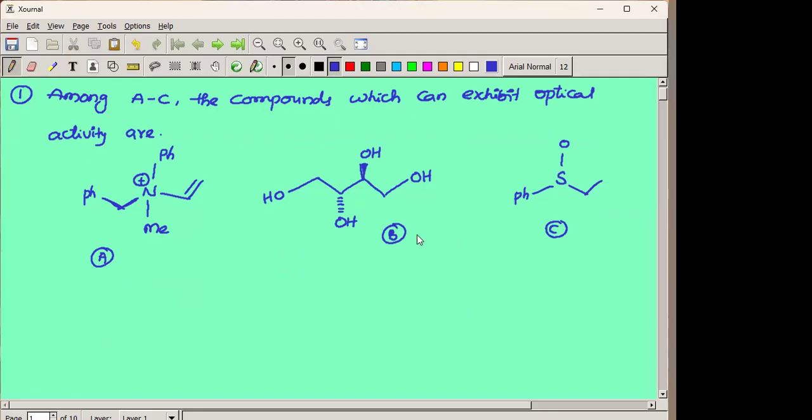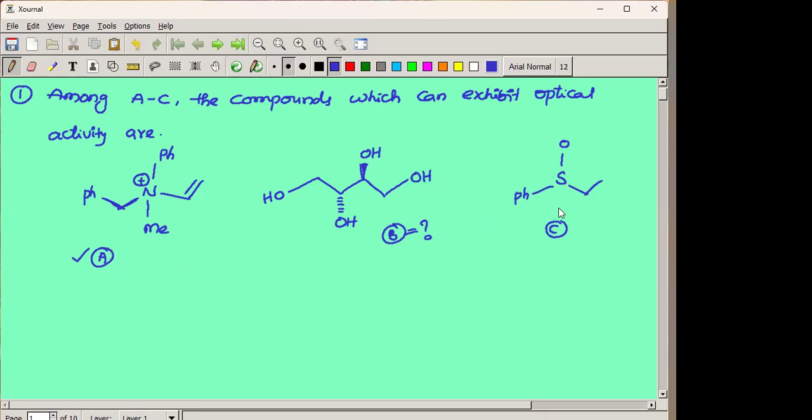Why not B? The question is why not B, right? So A consists of 4 different groups. Already we know that if 4 different groups surround a center, then that center is optically active, that is, a chiral molecule or chiral center. So it has a chiral center, nitrogen.